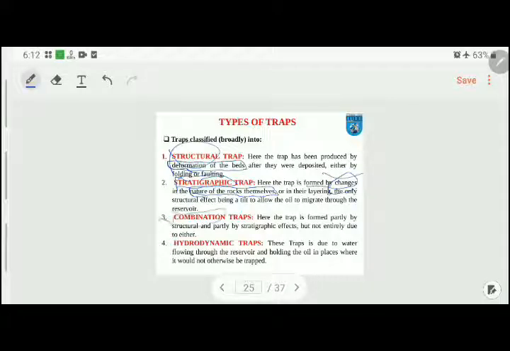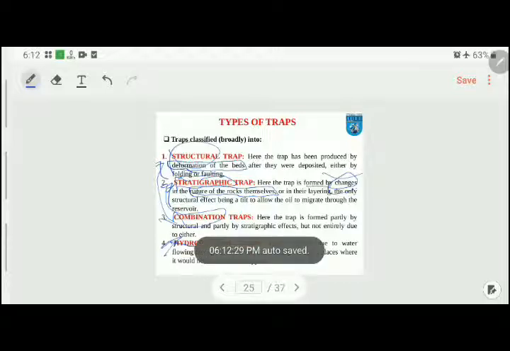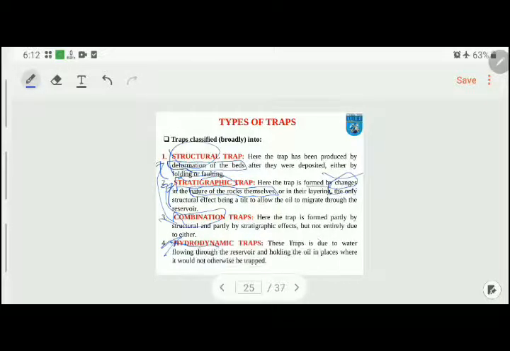And also we have combination traps, which have structural and stratigraphic traps in the same trap, called what? A combination trap.